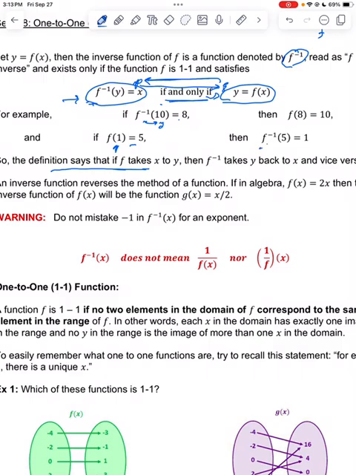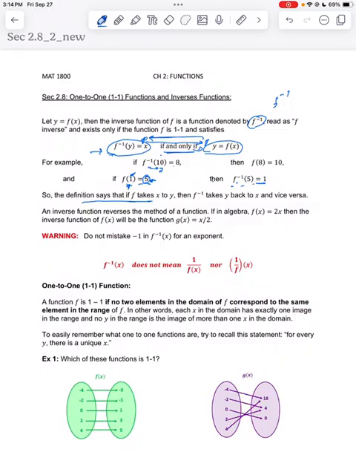So this is the input for f, and this is the output by f. But now f inverse will be applied on the output, and it gives us back our initial input. So an inverse function reverses the method of the function.